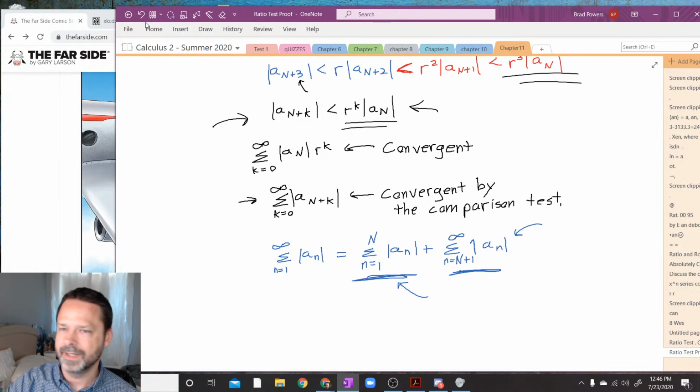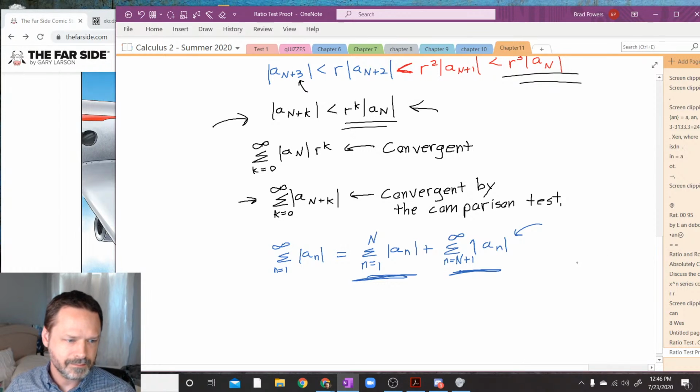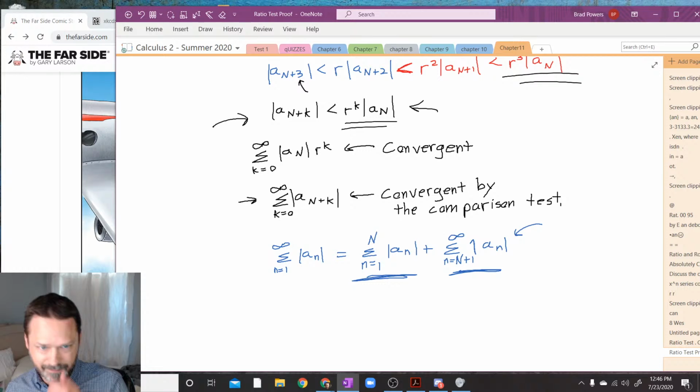So that means we have proven that we're convergent if L is less than 1.